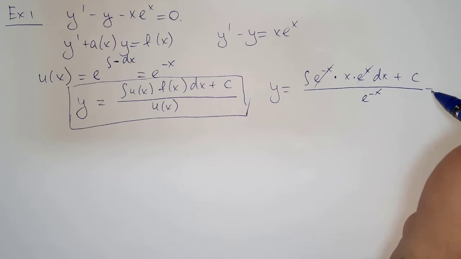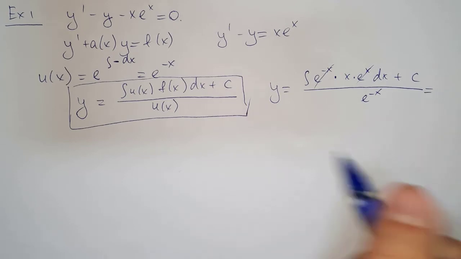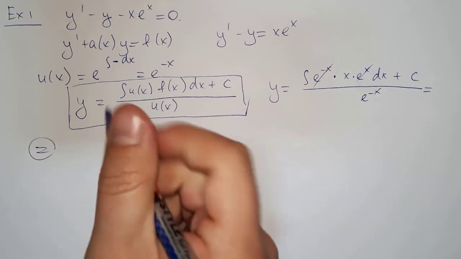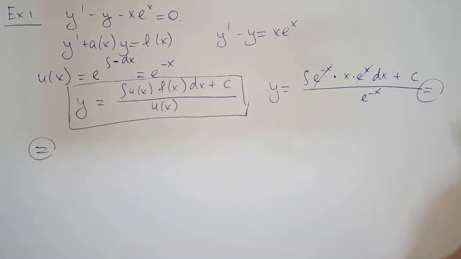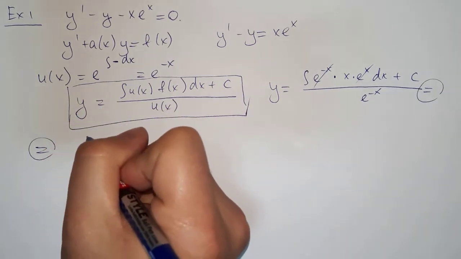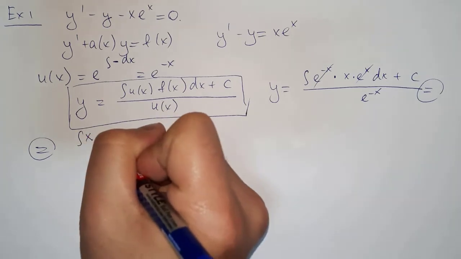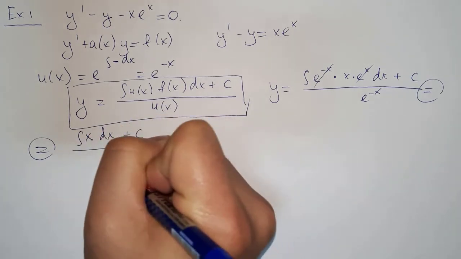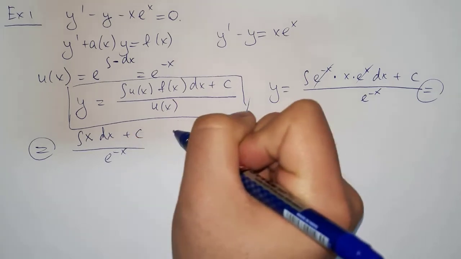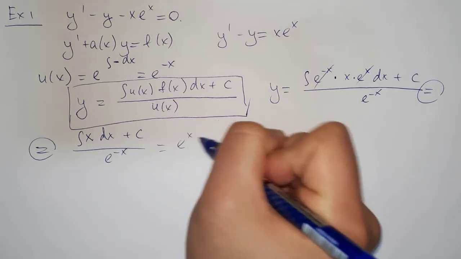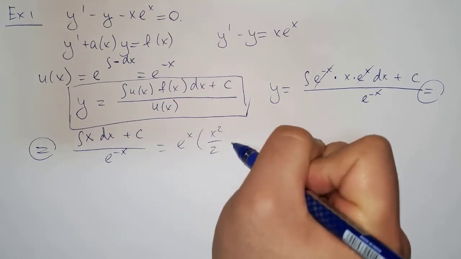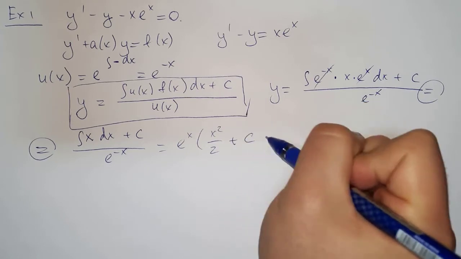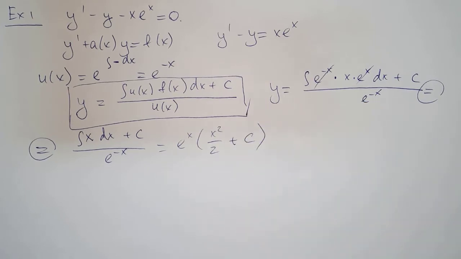Now it equals the integral of x dx plus c over e to the power of minus x, or e to the power of x times x squared over 2 plus c.